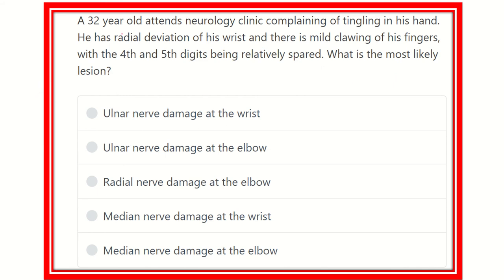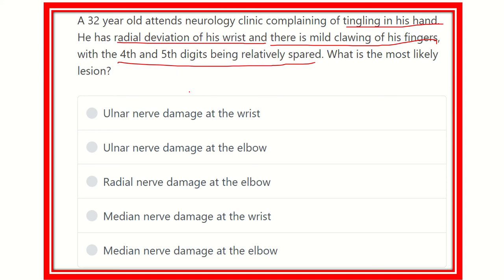So the key points in the question: a 32-year-old complains of tingling of the hand, has radial deviation of the wrist, mild clawing of the fingers, and the fourth and fifth digits are relatively spared. So what is the most likely lesion?